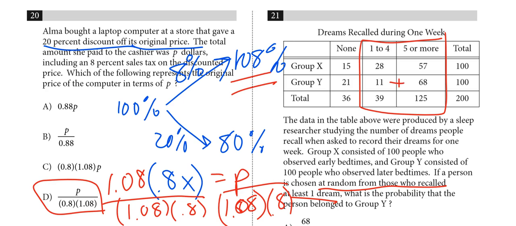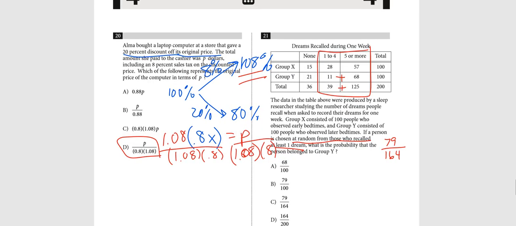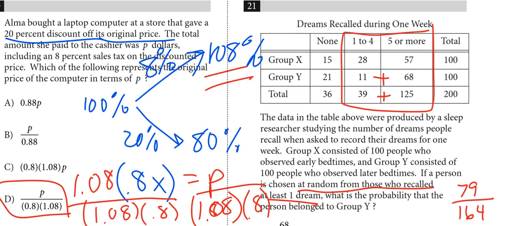So if we're belonging to Group Y, wouldn't I be adding these together? So 11 plus 68 is 79, and 39 plus 155 plus 9 is 164, is that right? Did I find a reasonable answer? I did. Any questions on that?